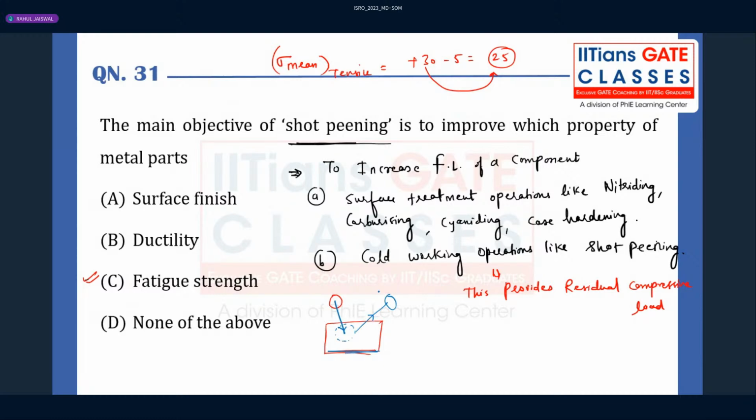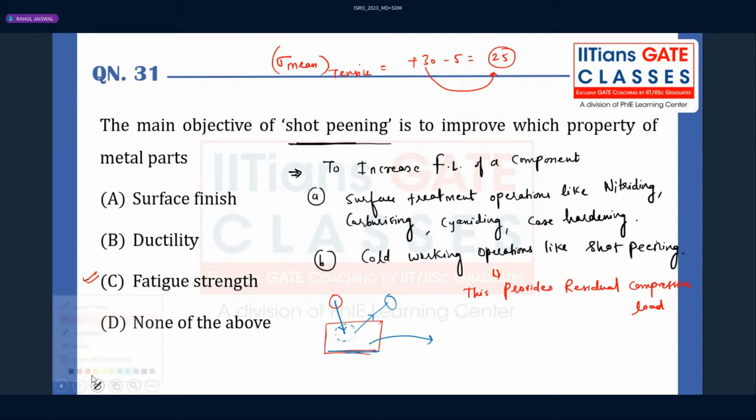Because of this operation, the residual compressive strength of a component has been increased. When it is subjected to dynamic fatigue loads as well as static load, the endurance strength will not reduce that much.